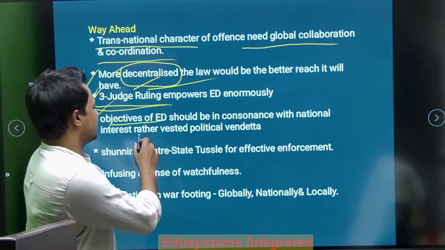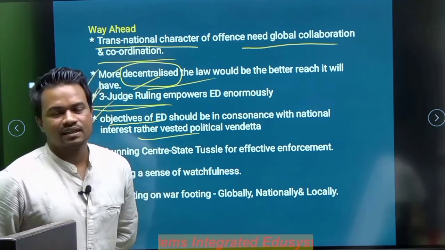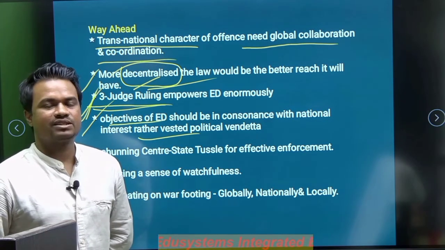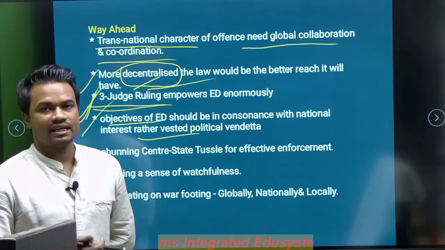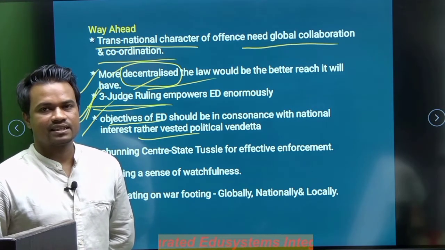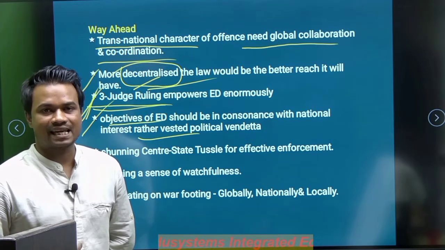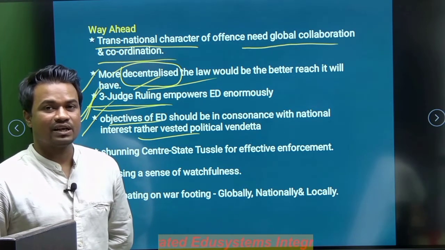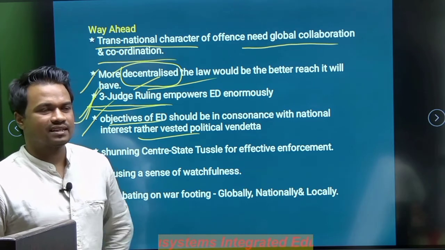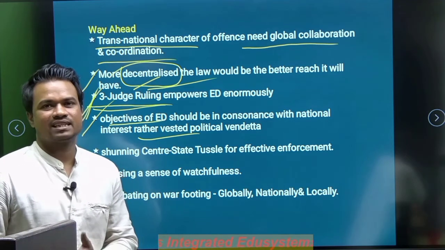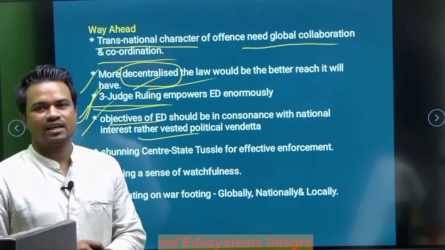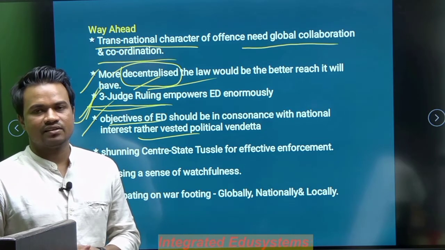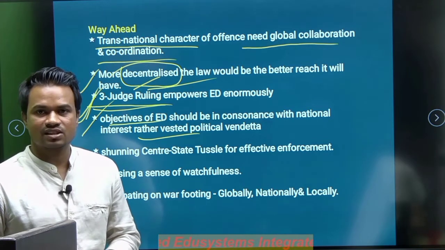This is important, because sometimes we have seen, in one Supreme Court judgment, one of the judges observed regarding the Central Bureau of Investigation that the CBI is a caged parrot who speaks on the command of its master. That is a reflection of how the CBI works in the country, and the nature of its functioning, which is completely centralized in the whims and wishes of the central government.